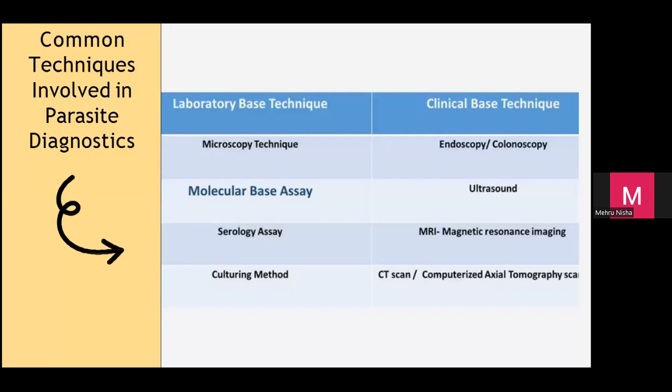This parasite enters directly through the nose and goes directly to the brain. It eats the brain tissue. So we will use CT scan to see cyst development in the brain. That is something. Okay, so this is clinical based. We need medical doctors, nurses to do this, and radiographers and so on.